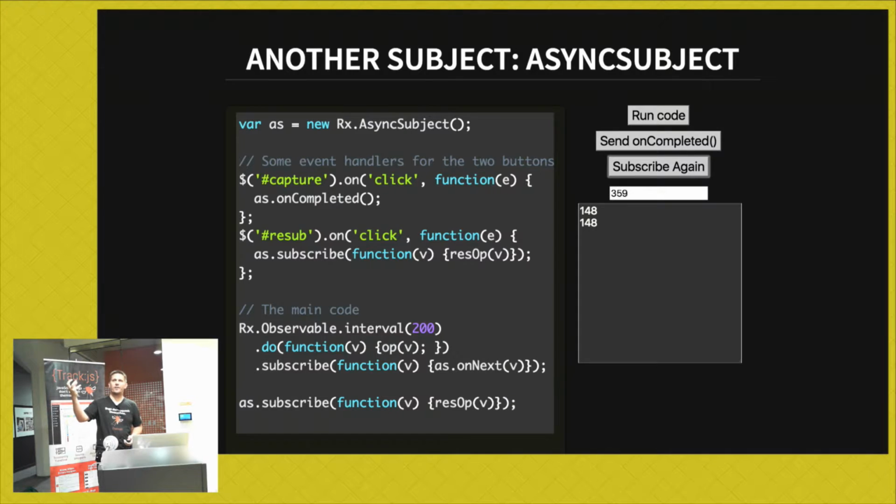But as soon as we've called the onComplete, the async subject holds on to its value. And no matter what you do afterwards, that's the value you get. And that's kind of what you want, right? You do an API call for data, you get the data back, and you want to hold on to that data. Whereas with a replay subject, if something else comes in, that data will be gone, and your new data will be returned. So I can do this any number of times. I always get back 148.